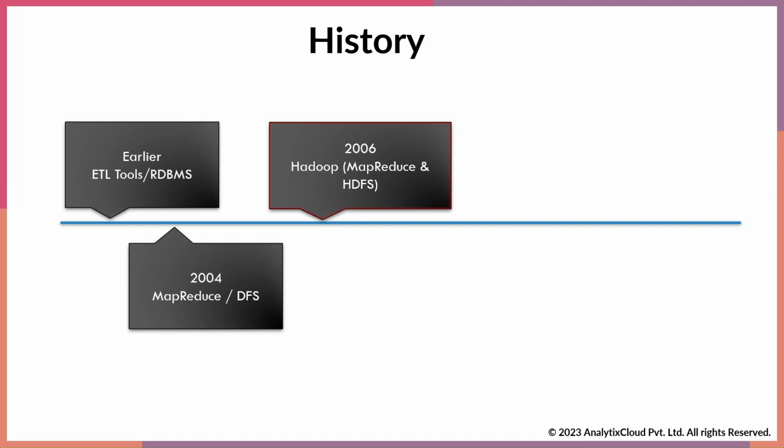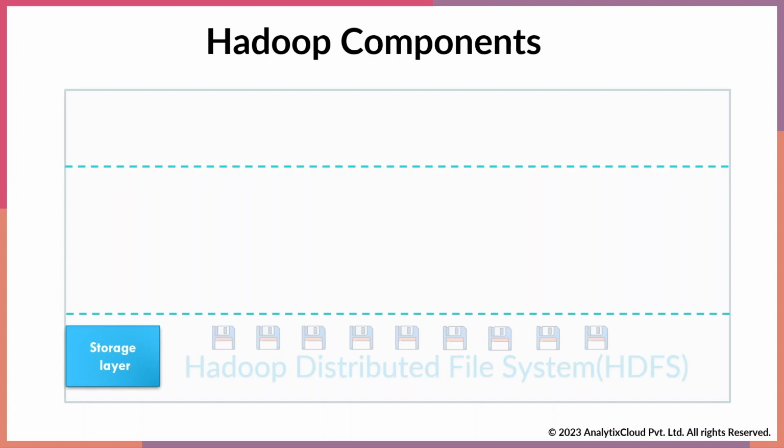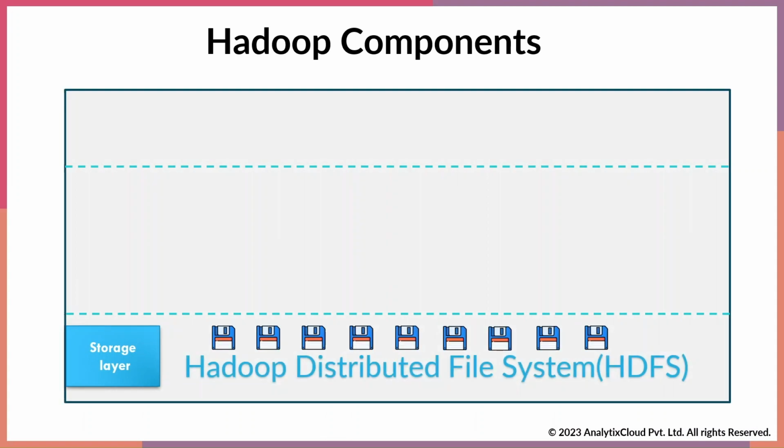So let us deep dive more into this. Let's see what are the components of Hadoop. First, there is a storage layer called Hadoop Distributed File System. This layer has multiple disks, and the files that are stored here are in a distributed manner.